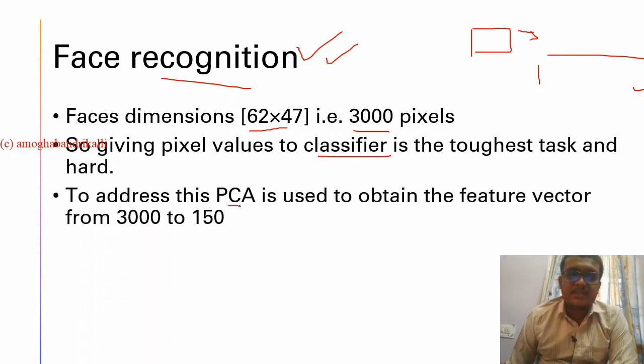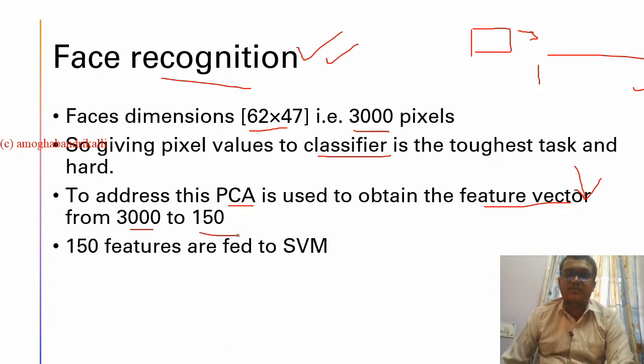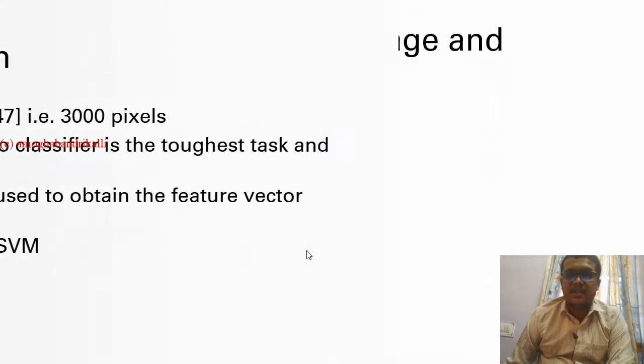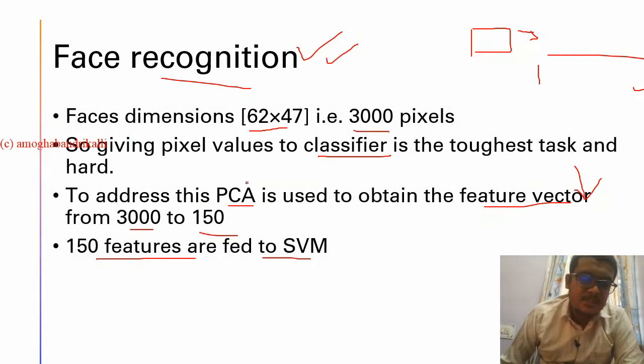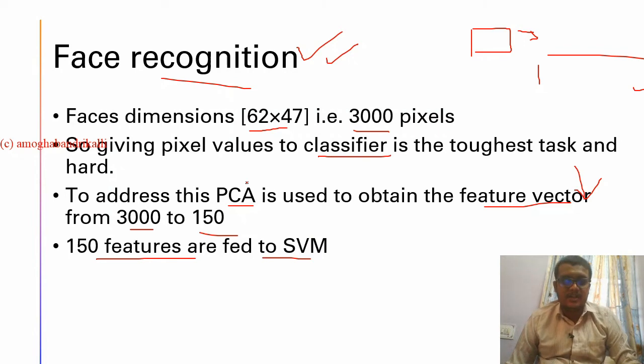To address this, principal component analysis is used to obtain the feature vector, reducing it from 3000 to 150. So these 150 features are fed to the SVM. This is PCA, principal component analysis, and it is another bigger concept that needs another session.